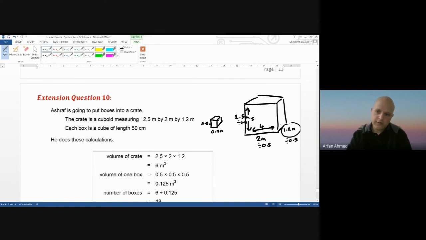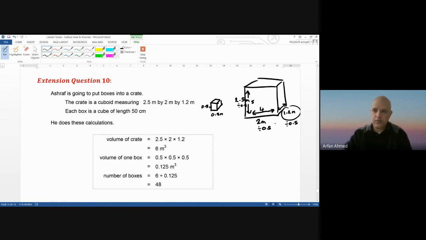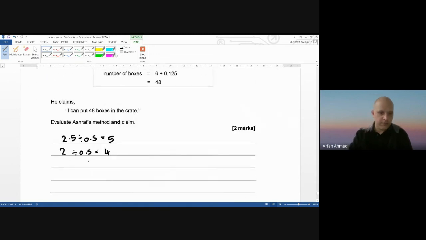And for this way, 1.2 divided by 0.5. Obviously, it's a decimal: 2.4, which equals 2 and a bit.